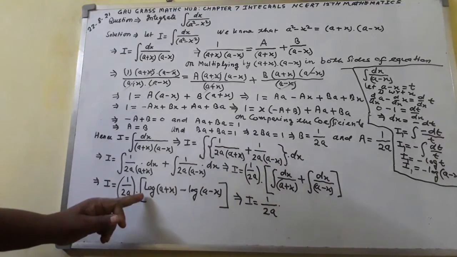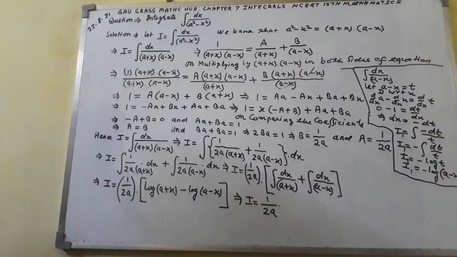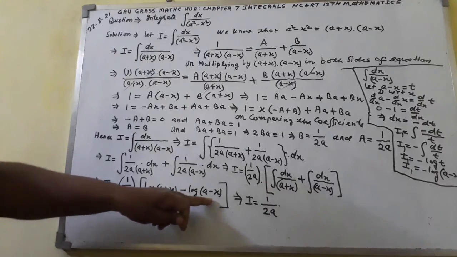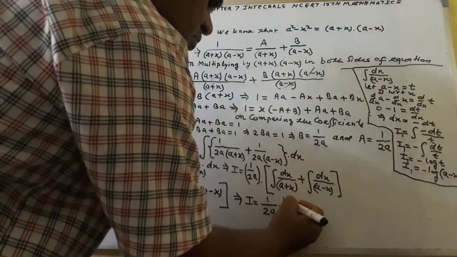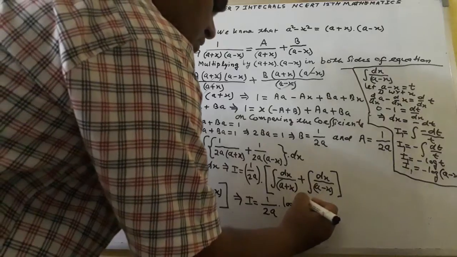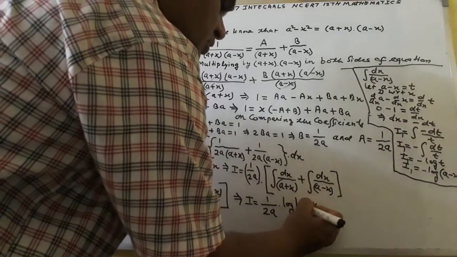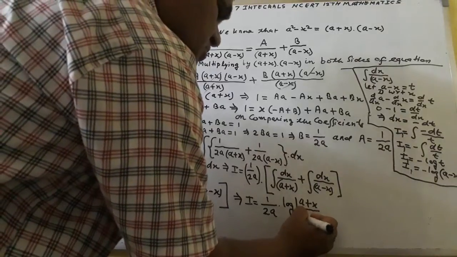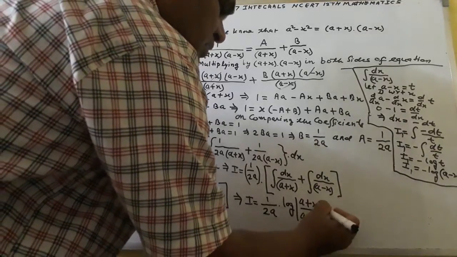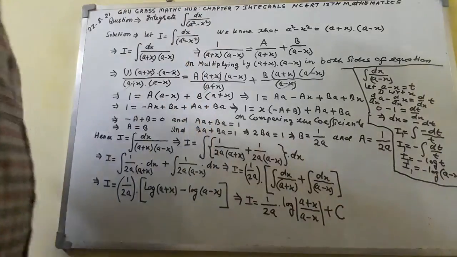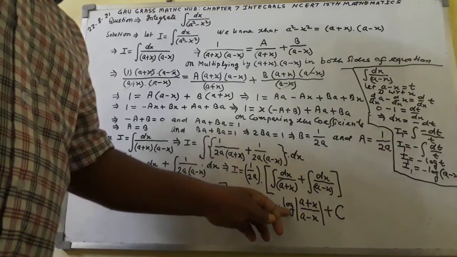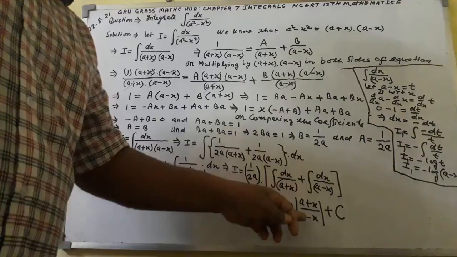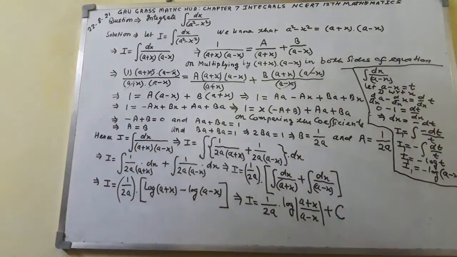Here the things given inside the square brackets will be operated: log a plus x minus log a minus x comes out to be log mod a plus x whole over a minus x mod plus c. This will be the correct answer. I equal to 1 over 2a dot log mod a plus x over a minus x mod plus c. This will be the correct answer we have got.